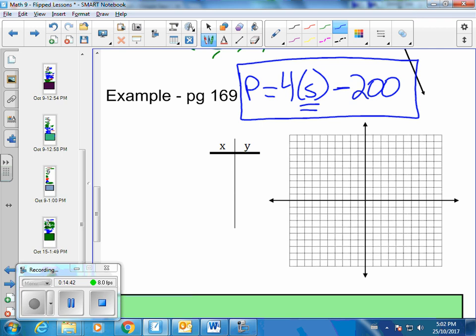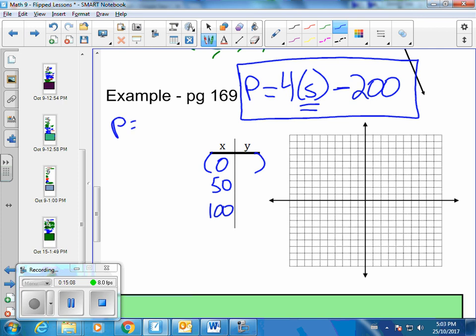Next I need to create a table of values. So I'm going to start creating some numbers in here. I'm going to say what happens if 0 students show up, what happens if 50 students show up, and what happens if 100 students show up? Well, if I want to find out, I just have to punch my numbers into my equation. So let's do our first one here.